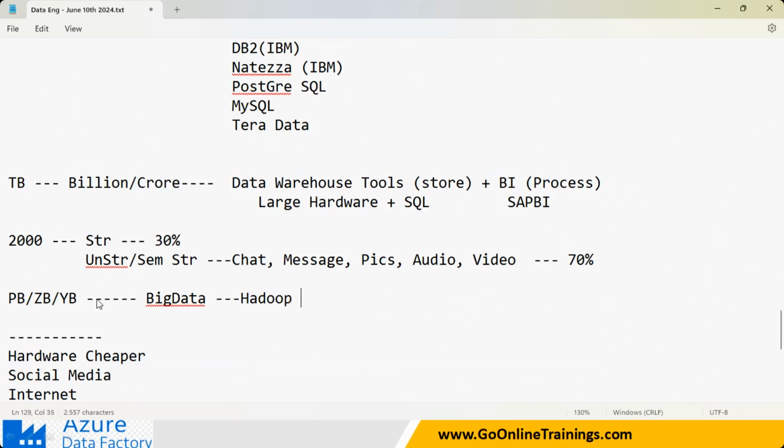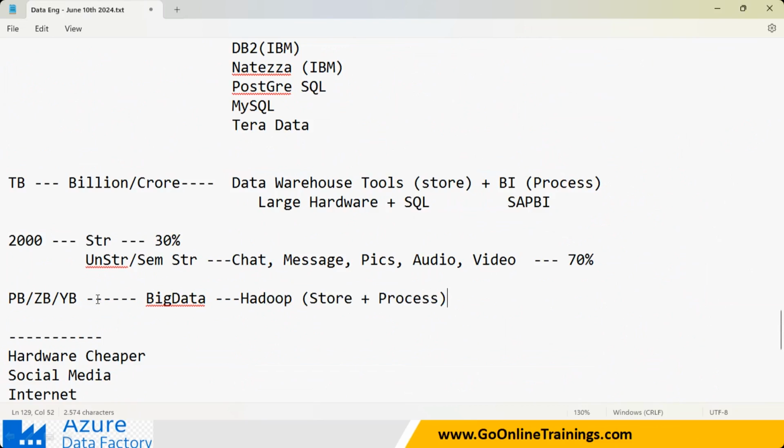Hadoop was released in 2006, and it can store a large amount of data and also process the data. Because when the size increases, you will not be able to process it easily, right? If I have 10 numbers, I can handle it very easily. If I have 1,000 numbers, I use a calculator. If I have 10,000 numbers, I can use an Excel sheet.